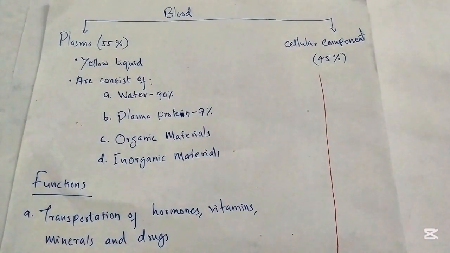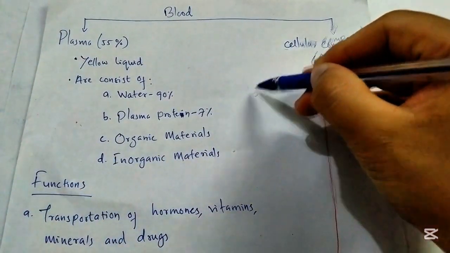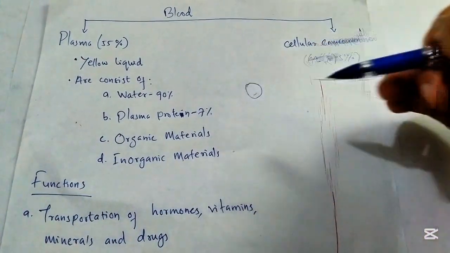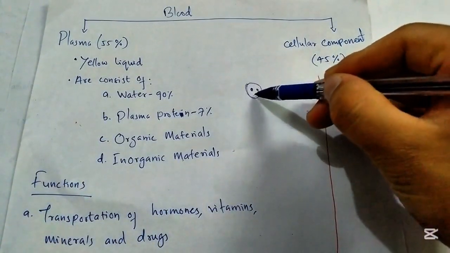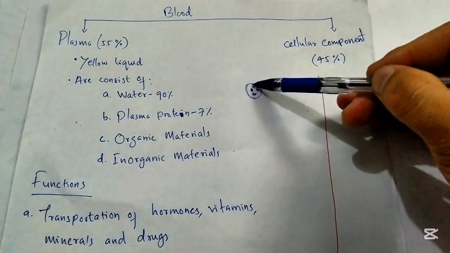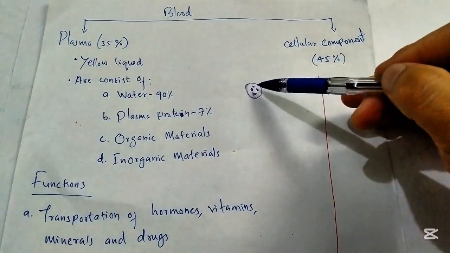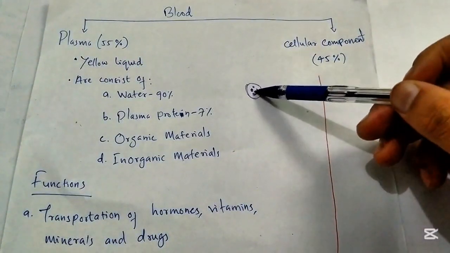In a drop of blood, we see red blood cells, white blood cells and platelets. The rest, the white portion, is called plasma. The cellular components are suspended in the plasma.